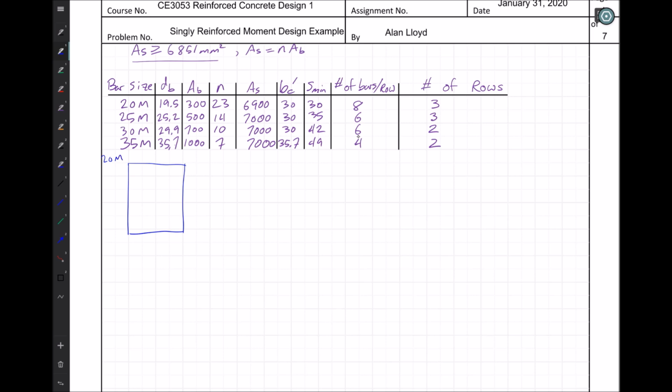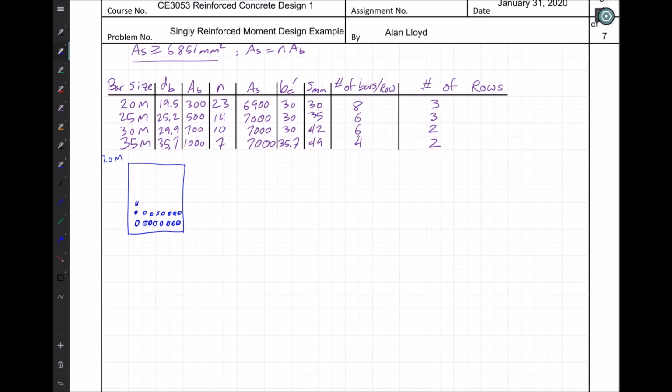I can fit 8 across, so I'd fit 1, 2, 3, 4, 5, 6, 7, 8. And then above that, I'd get all the way up to 16. And then I wouldn't want to put 7 above that.